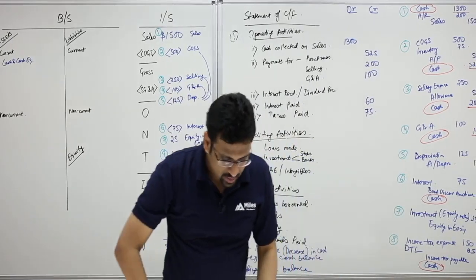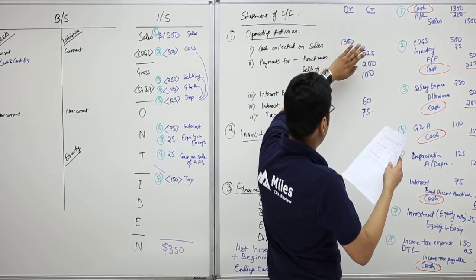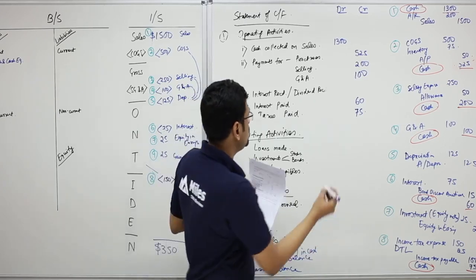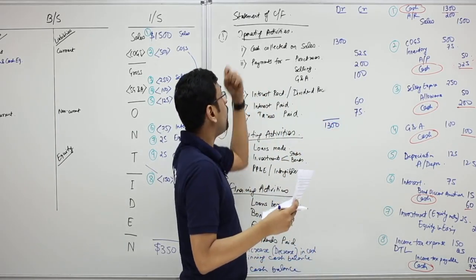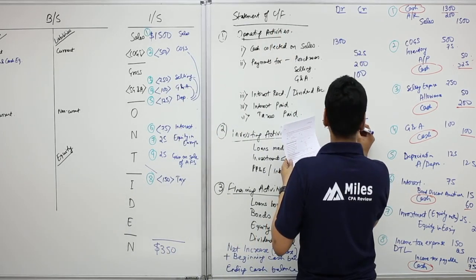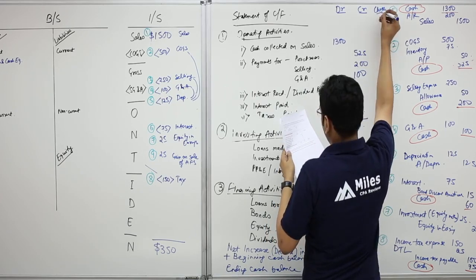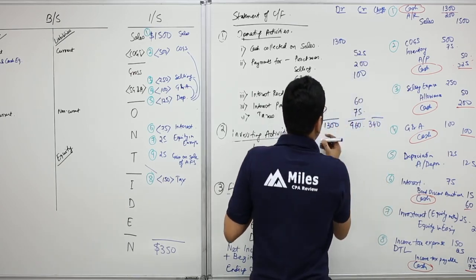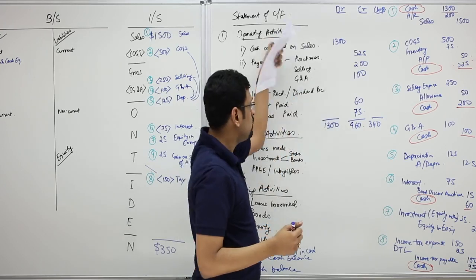So now, putting the numbers together, you've got 1300, 525, 200, 100, 60, 75, all good. So this one is 1300. So all the cash inflow from operating activities, $1,300. Cash outflow, that's 960. What's the change? The change is $340. So then, source of operating activities, cash inflow 1300.